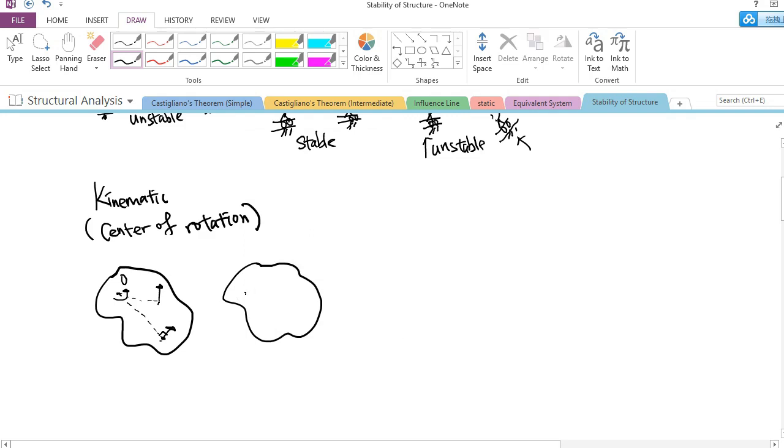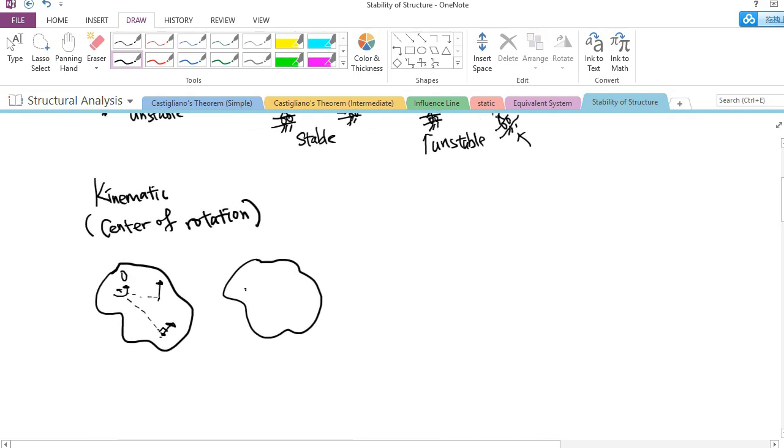Automatically this point becomes a center of rotation. Why? Let's say I have another point here. If I say this body rotates about another center of rotation, this point will move. But I told you that this point cannot move. So it must be the center of rotation. So if you see a pin support here, this becomes a center of rotation.